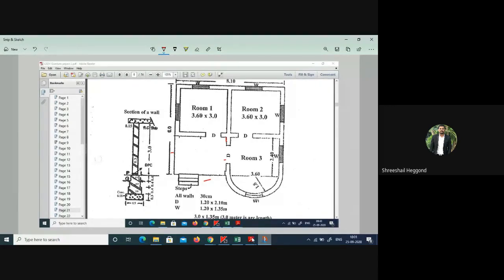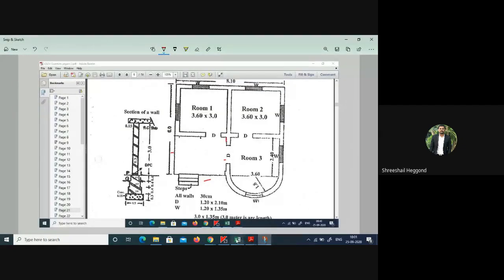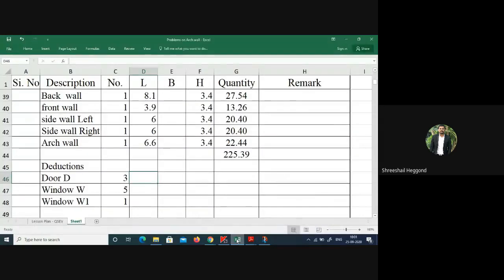Doors, 3 doors are there, 6 sides. Dimension of door is 1.2 by 2.1, which will be lying between 0.5 to 3 meter square. Therefore, you can write 6 divided by 2, that will be 3 number. 1.2 by 2.1.